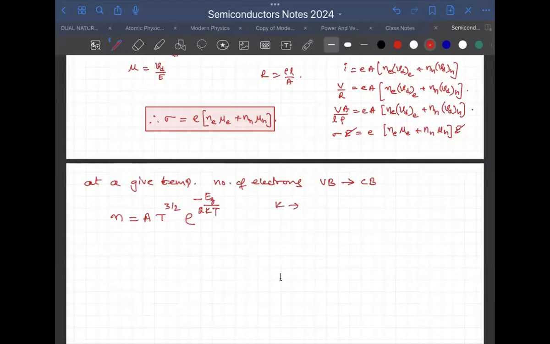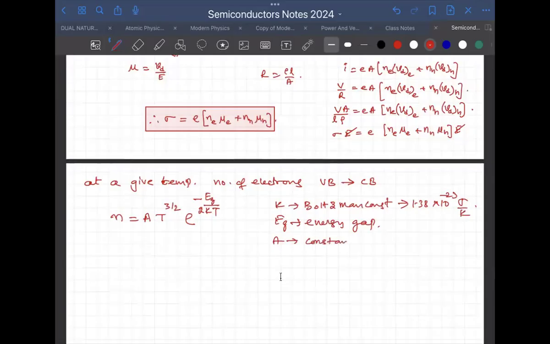Here k is the Boltzmann constant, which you know already, 1.38 into 10 to the power of minus 23 joule per Kelvin. E_g represents the energy gap. A is some constant, material dependent.